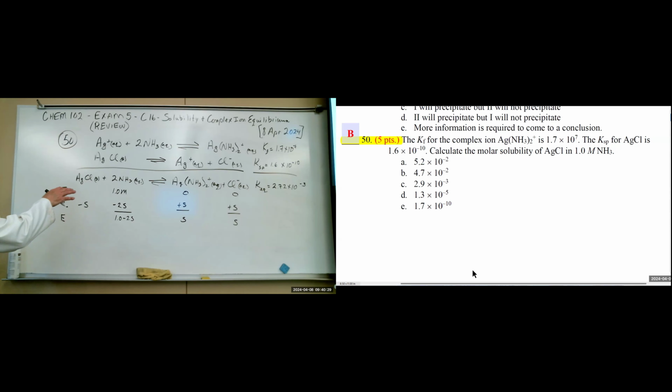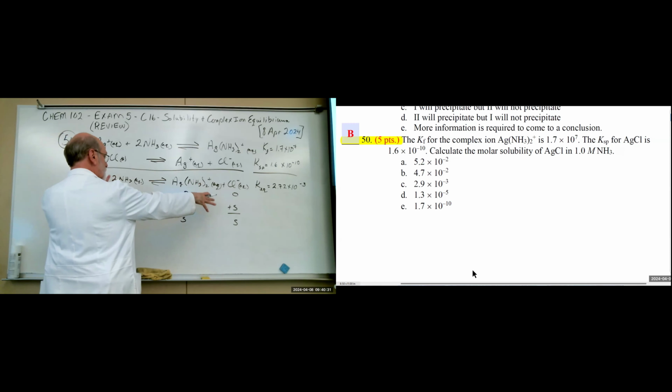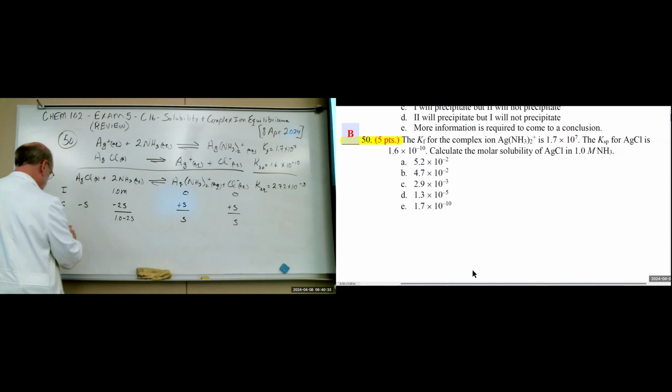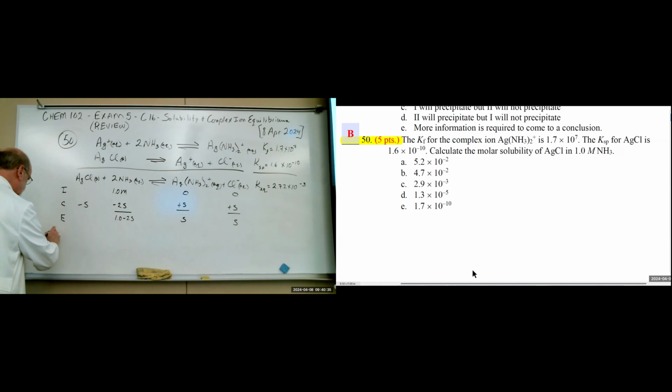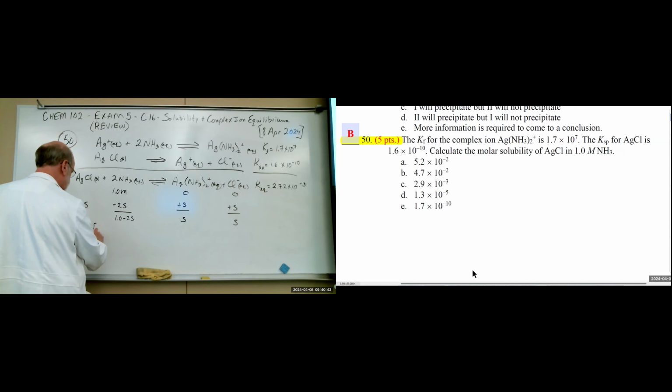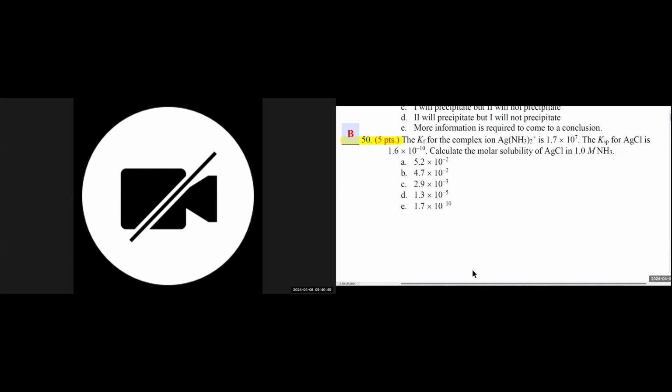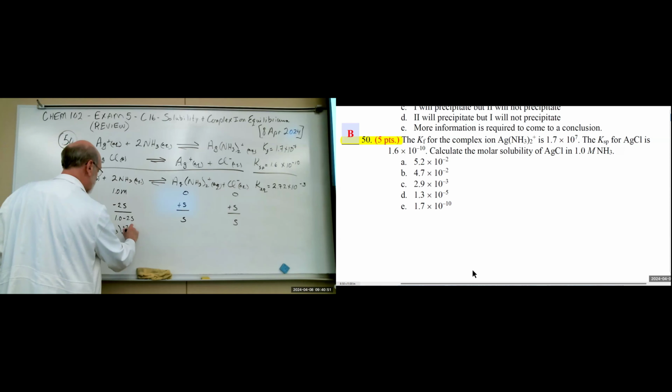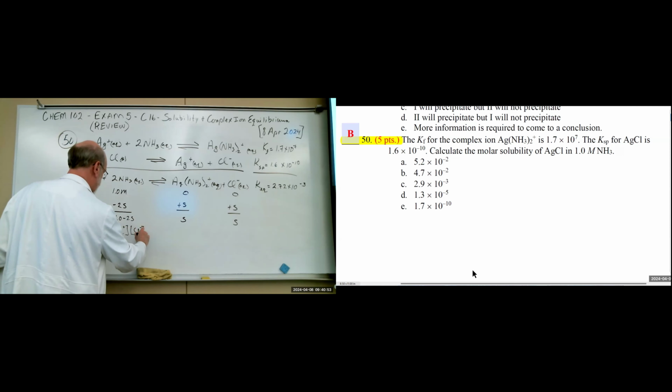So now we put this into an equilibrium expression. That's equal to 2.72 times 10 to the minus 3. So we have the complex ion times the chloride ion.